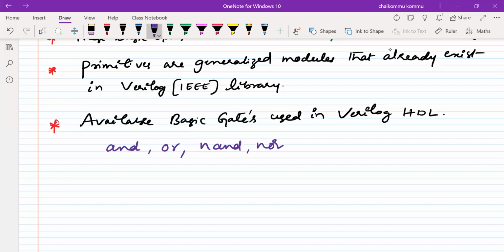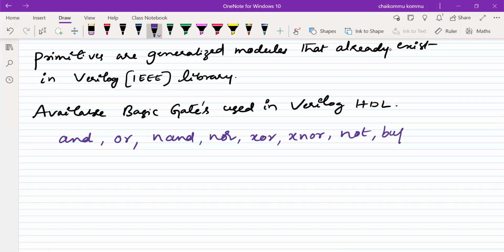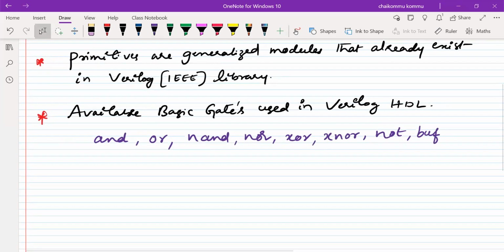NOR means nor. Then xor, xnor. Then not gate and buffer. So these are the basic gates that are available in Verilog HDL. Of course, these are more than sufficient to construct any digital circuit. Is it clear to all of you?